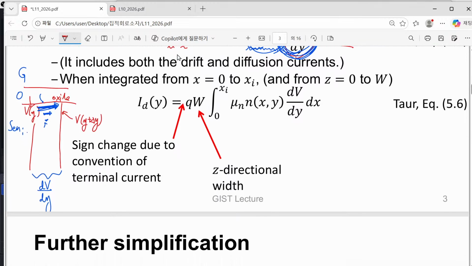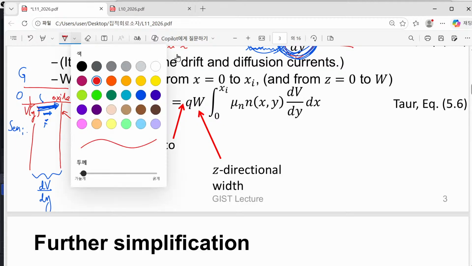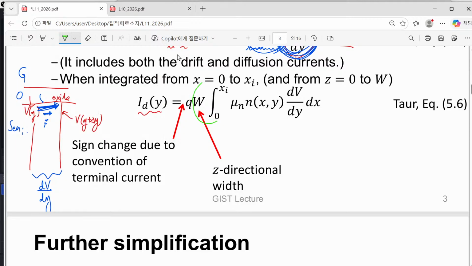If we have to consider this drain current quantity, then we have to make a two-dimensional integration. Then where can you find the two-dimensional integration in this equation? These are actually corresponding to the integration over a two-dimensional surface. What is the meaning of this one? This W corresponds to the width directional integration, and depth directional integration is required.